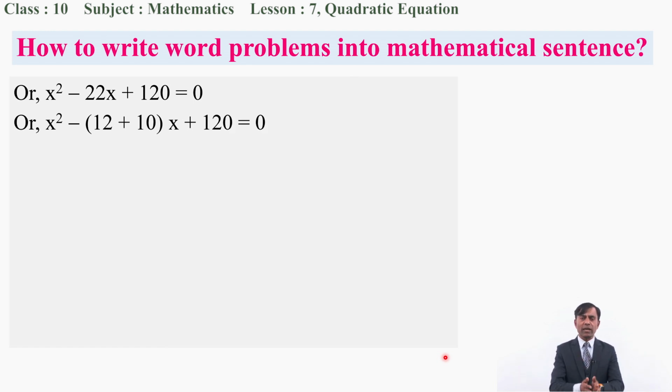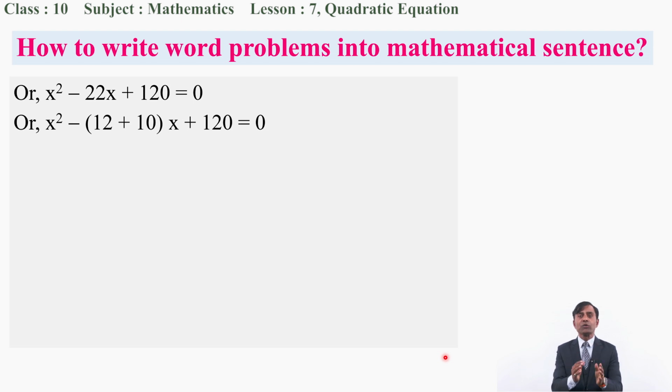Is it the completing square method? No. Is it the formula method? No. This is the factorization method. Are you agreed with me? Yes, because we have started to solve it by the factorization method.